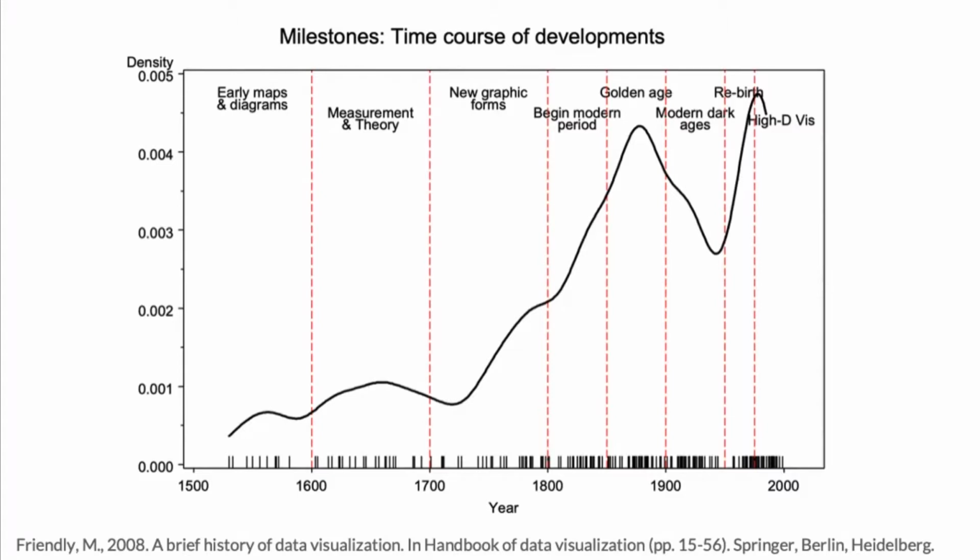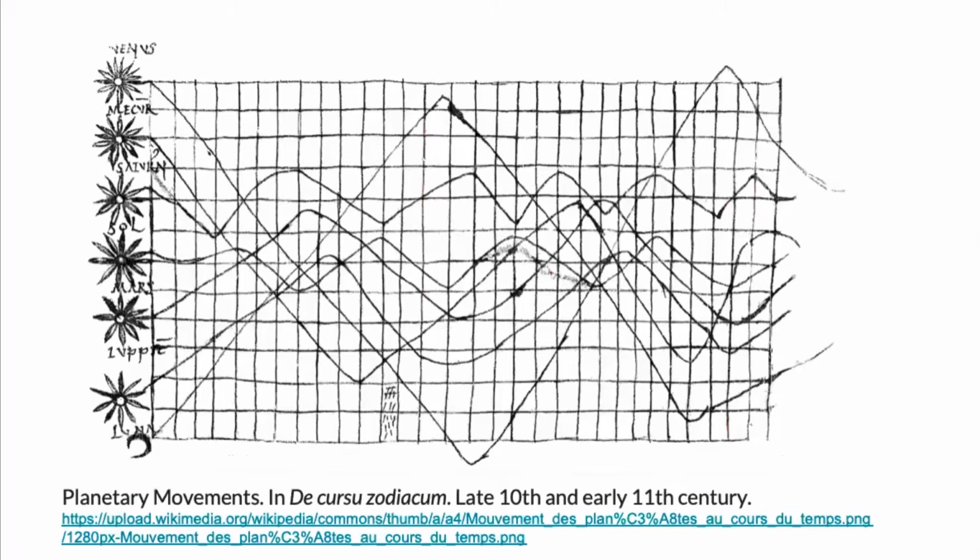So this is one of the earliest graph-like diagrams. It's from the late 10th, early 11th century. It's from a manuscript, apparently text from monastery schools, and we don't know who the author is, but it looks like multiple time series for the changing position of different heavenly bodies over space and time.